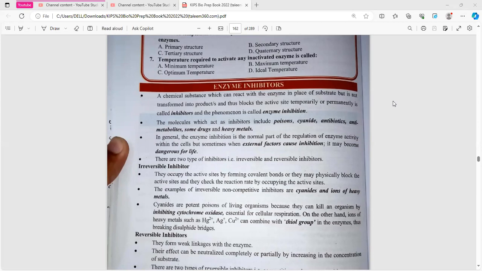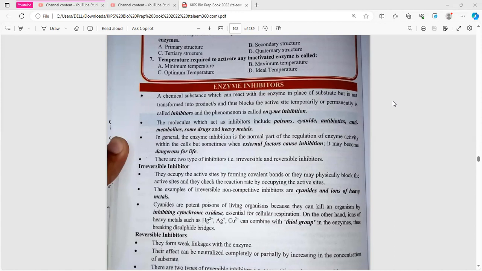Majorly, competitive inhibition is referred to as reversible inhibition, whereas non-competitive inhibition is mostly in the category of irreversible inhibition. As we know, an enzyme has a lock, which is the active site on it, and the enzyme has a specific key, the substrate.